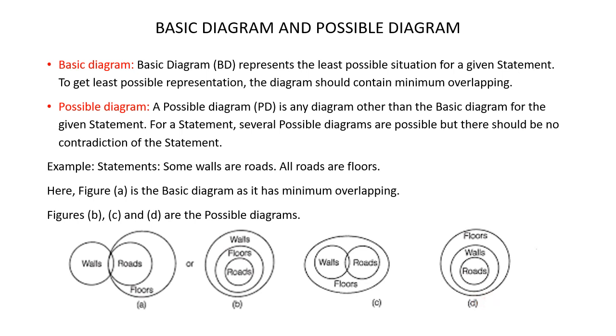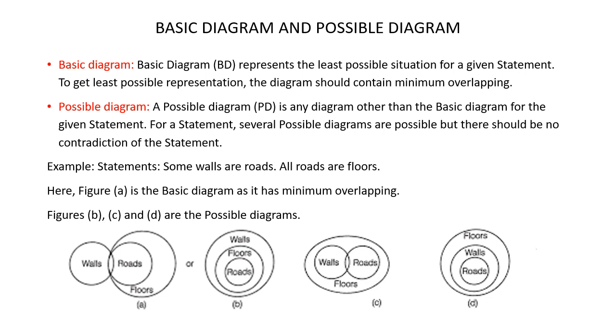Now, for a positive conclusion to follow, checking only the basic diagram is enough. If the conclusion is true in the basic diagram, then the positive conclusion follows. Now, for a negative conclusion or a possibility conclusion, you have to check both the basic diagram and the possible diagram.